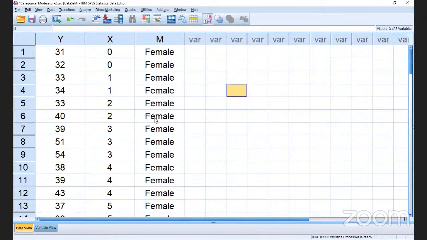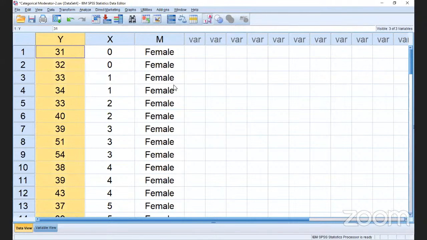The second case study, I will use high job performer and low job performer. In this case study, we want to know whether salary depends on the number of years of experience or not, and whether salary depends on male or female.